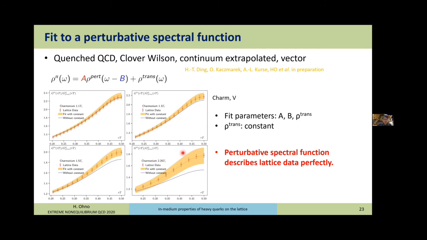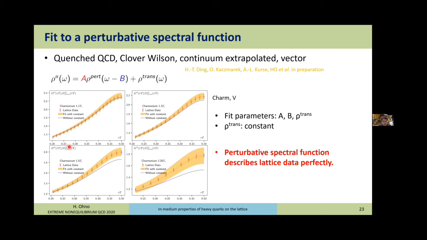Then we extended our study to the vector channel, and here we newly introduced this transport term. So now our fitting parameters are A, B, and this transport part. And first we take this part as a constant. So A, B, and this part are just constant parameters.